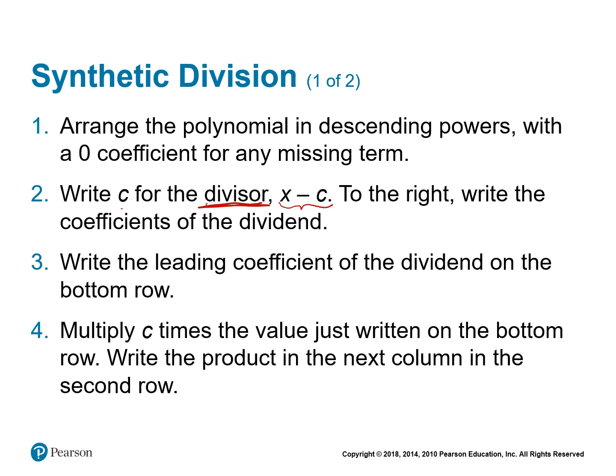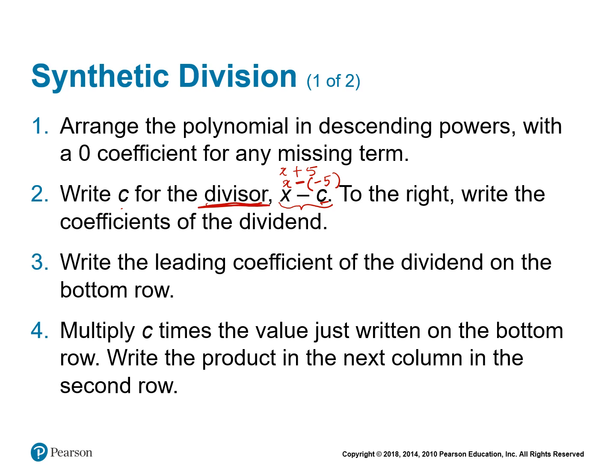Our divisor in our previous example was x plus 5. We had to rewrite that in the form x minus c, and we got x minus negative 5, and this minus 5 was the value of c.